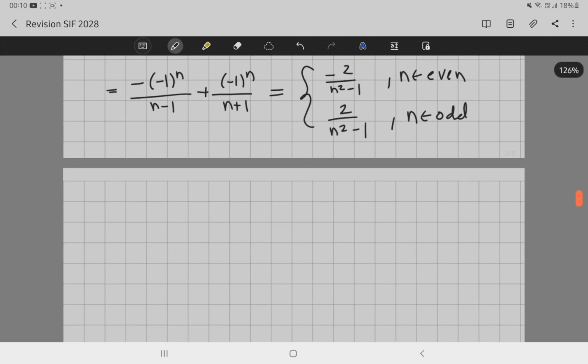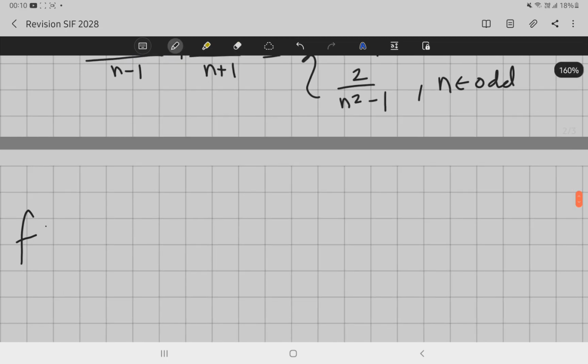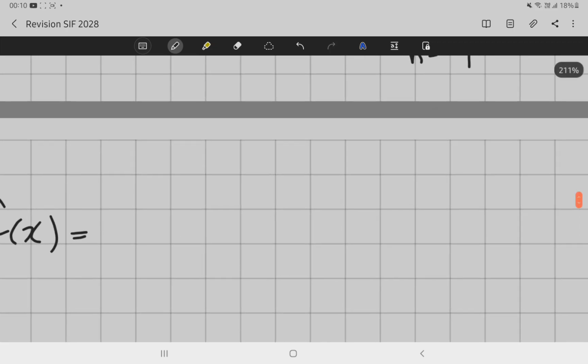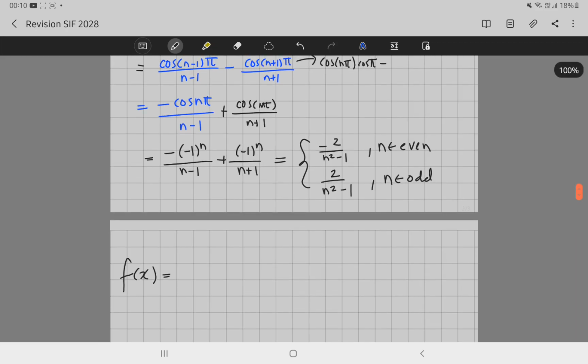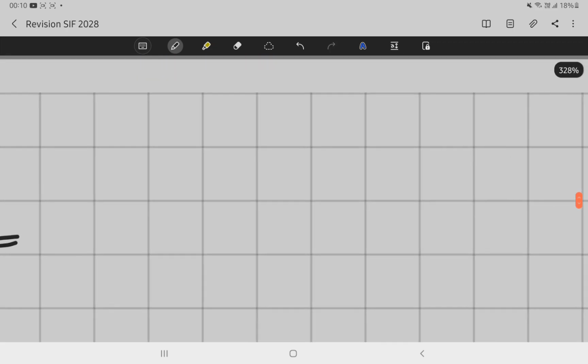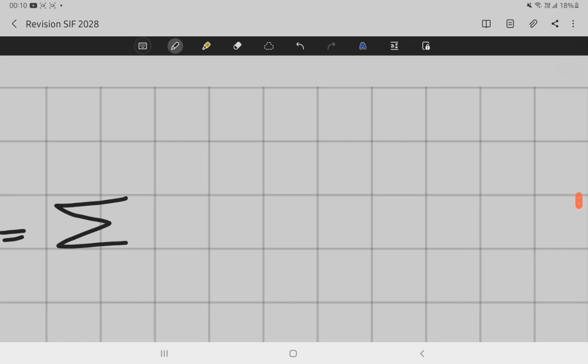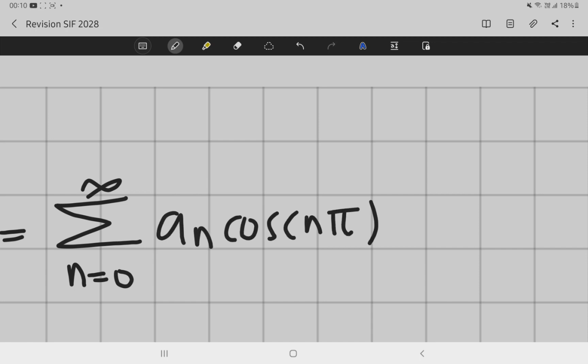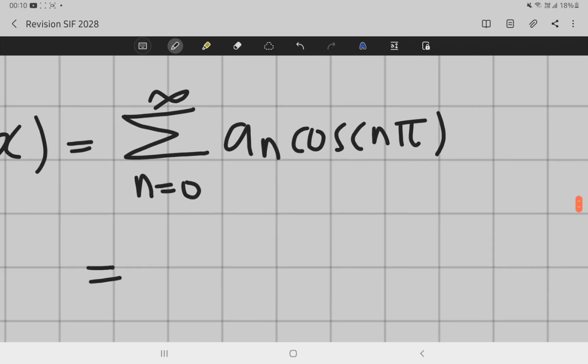So okay, f of x, we can express it as a naught just now is 0, right? So 0. So we are just left with sigma n equals 0 to infinity a of n cosine nx, like that. So bn is also 0.